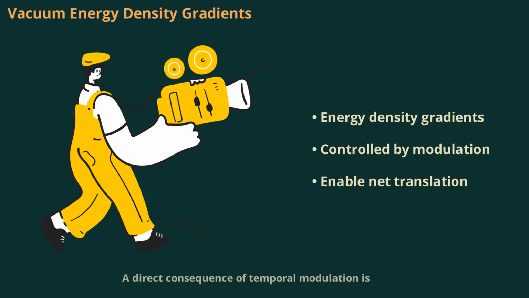A direct consequence of temporal modulation is the creation of gradients in vacuum energy density. These gradients are mathematically linked to the derivative of the vacuum Hamiltonian's expectation value with respect to tau. By controlling these gradients, the system can achieve net translation and other advanced dynamic effects.